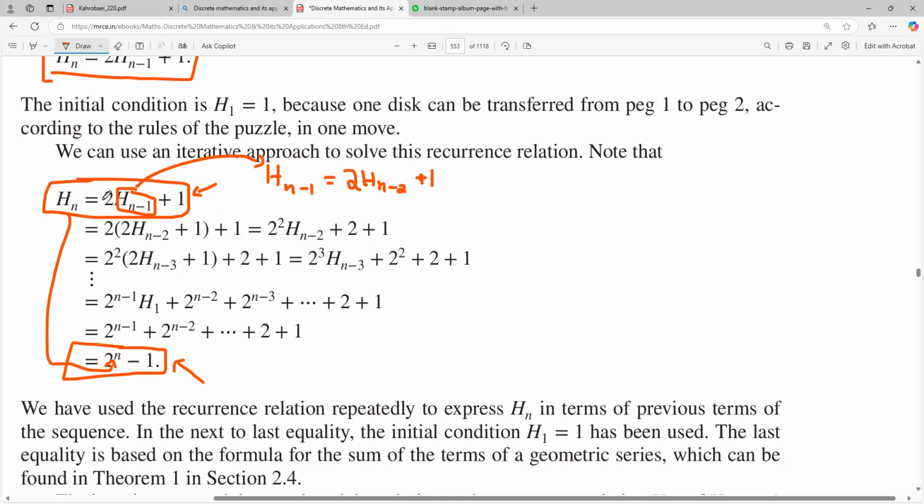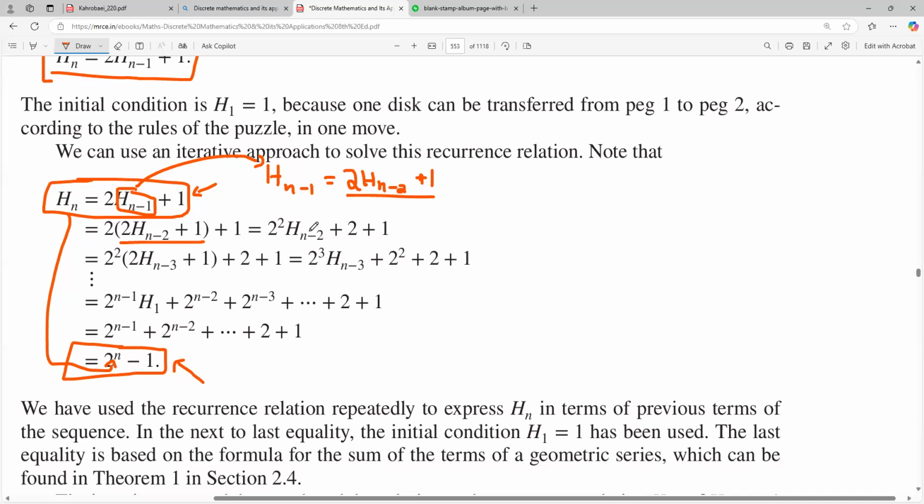So let's plug this in here. We plug it in for h of n minus 1, and we get 2 squared times h of n minus 2 plus 2 plus 1. And you might be thinking, why can't we just write this as 4? We won't write it as 4 for now, just to see a pattern afterwards.